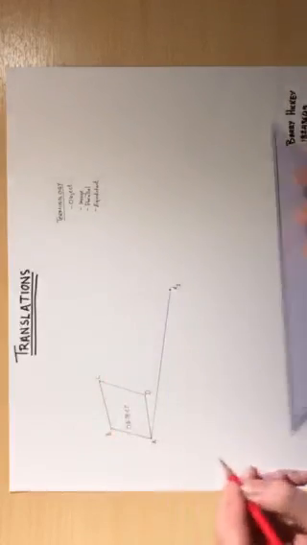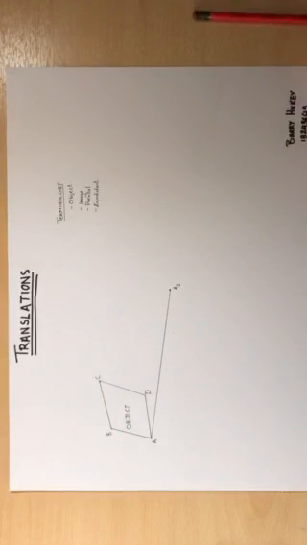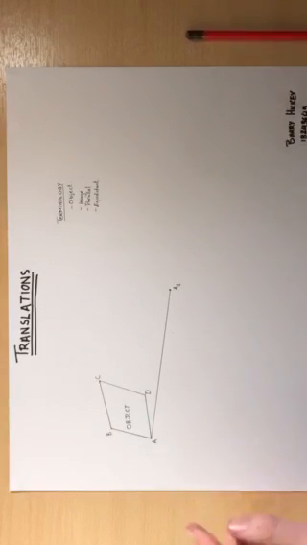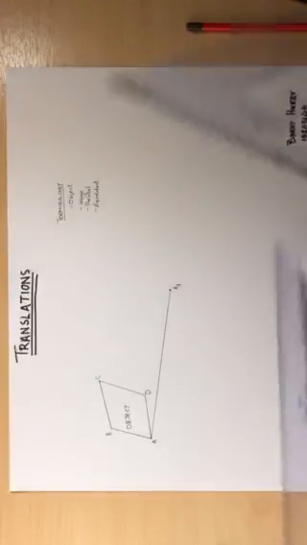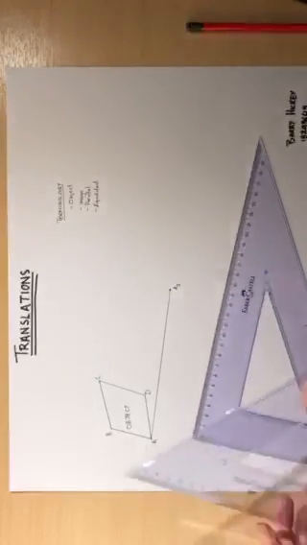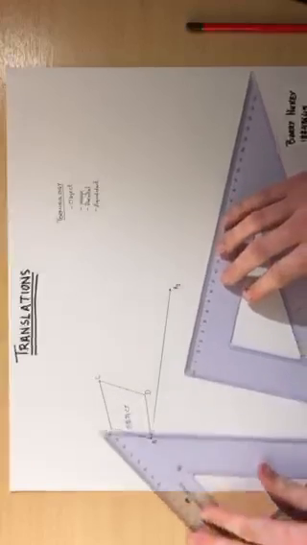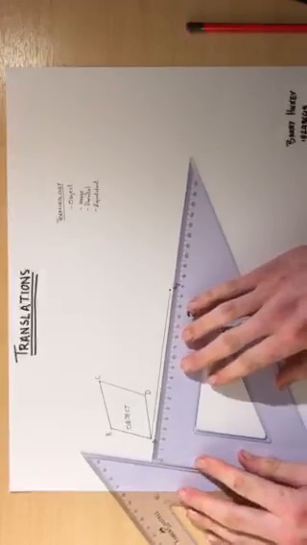This gives us a basis of where the movement is happening in our translation. So next thing we do is bring all our points B, C, and D down parallel to A A1.